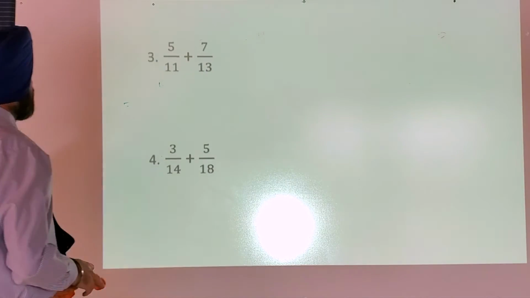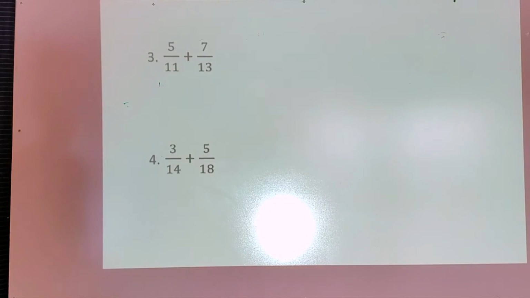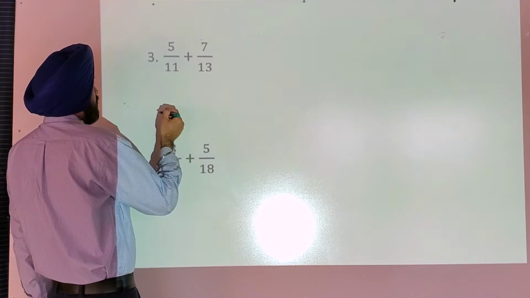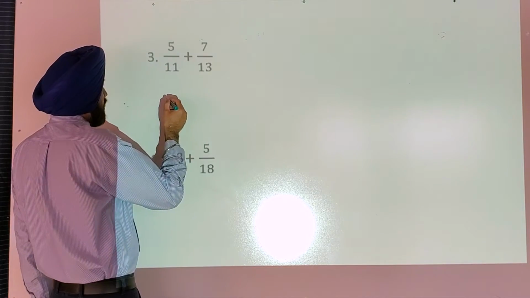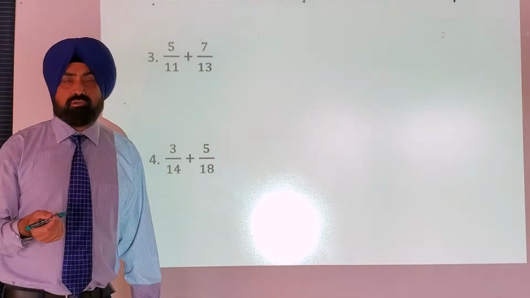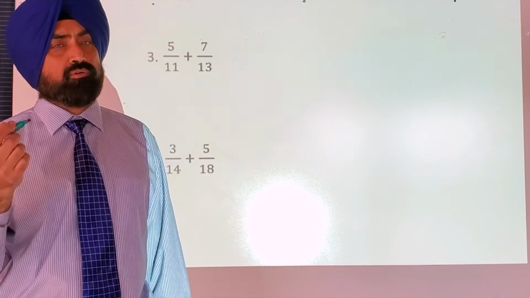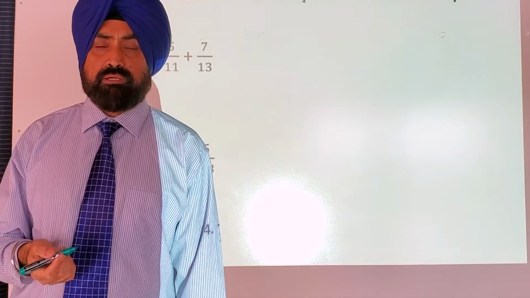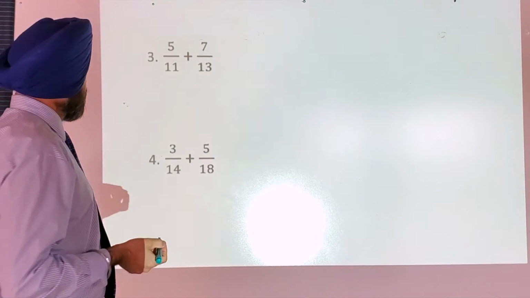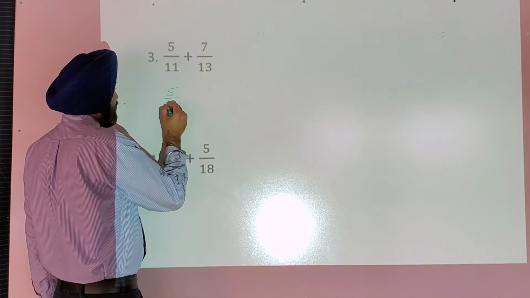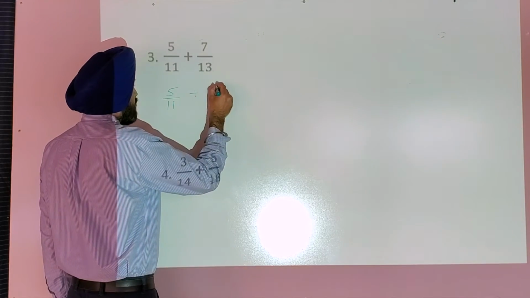And then 5 over 11 and 7 over 13. So what we do is, in case you don't know how to make the denominator the same, or you don't want to do the lowest common multiple thing, there is another way. For example, this is 5 over 11 and this is 7 over 13.